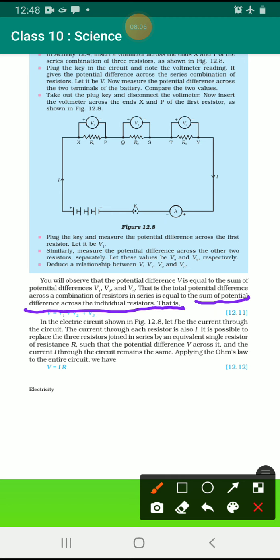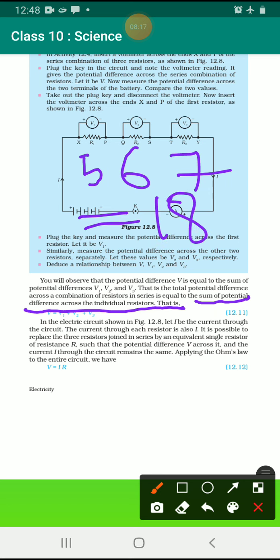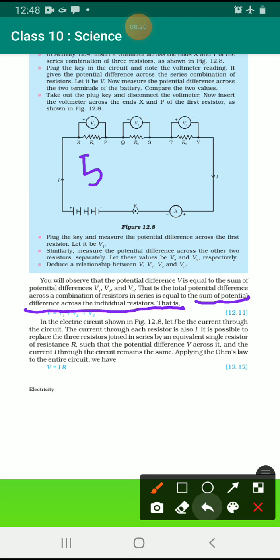For example, as I told you, we have taken 5, 6 and 7. When we add all together, it comes to 18, correct? So the sum of all the potential differences of the resistors gives the potential difference across these two ends. Look here, this is very important.